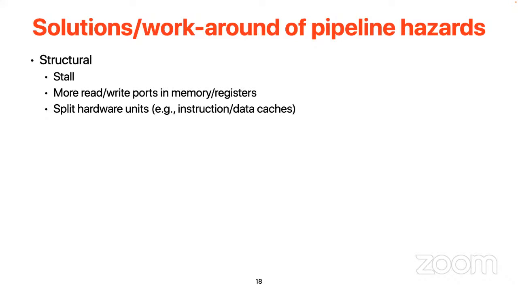For example, instruction and data caches are now split in most processor designs, so that you don't have to compete for memory bandwidth between instruction fetch, which has to happen every cycle, and data memory access, which oftentimes would have conflicts or misses, or would interrupt the access of an instruction, which you definitely don't want to happen.